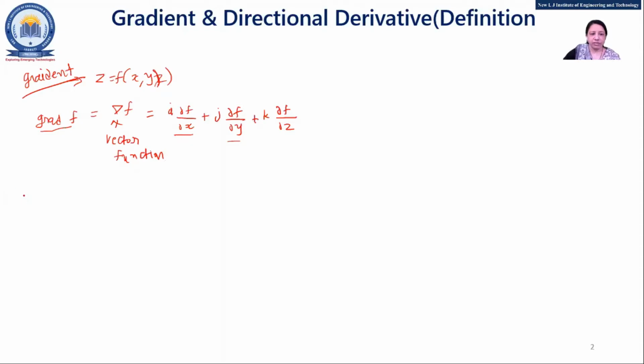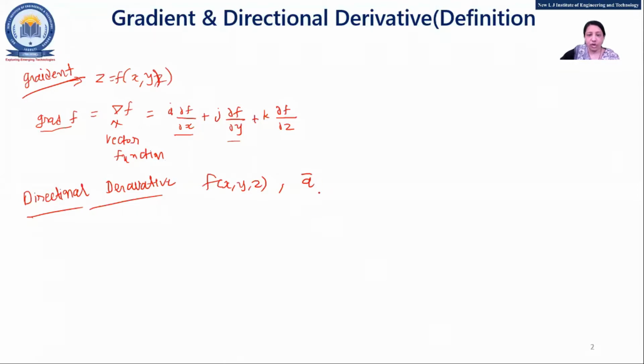Now the second term is directional derivative, which is related to this only. Suppose there is a function f of x, y, z, and a direction given by vector a bar.